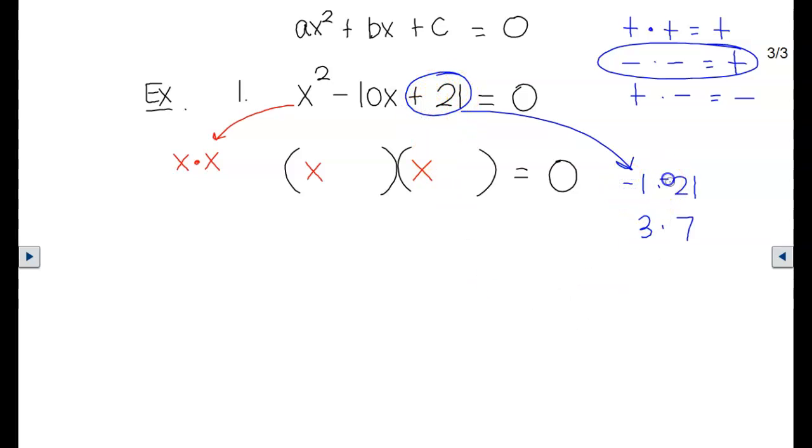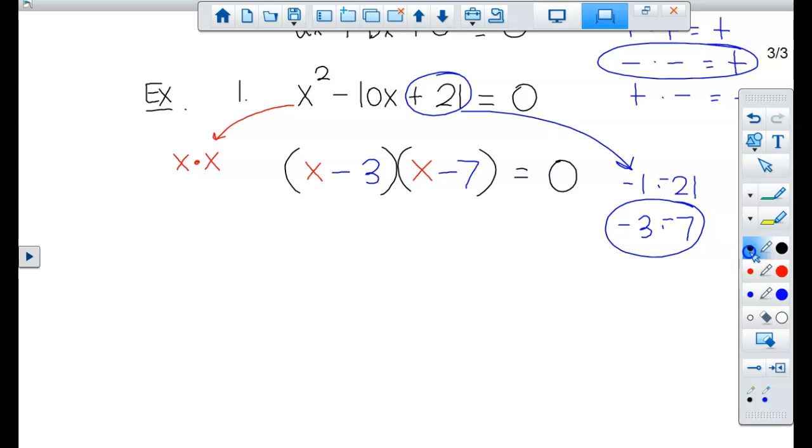So both numbers will have to be negative. Now, remember here that we can use the numbers in the problem to help us figure out what to use. Because we want negative 10 in the middle, that negative 3 times negative 7 combination ought to stand out to us.